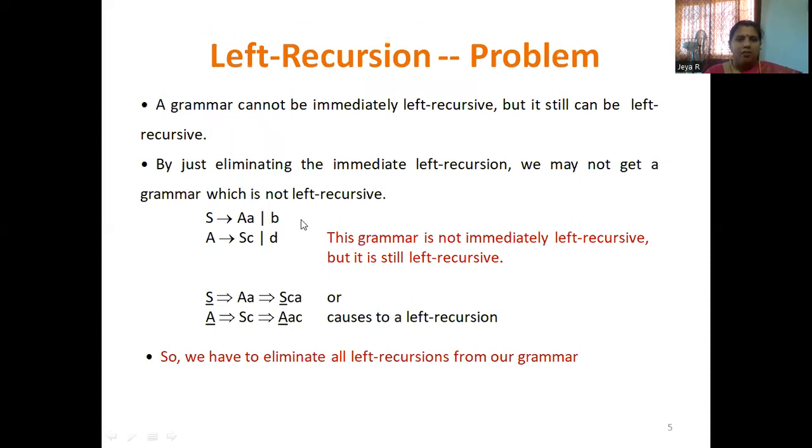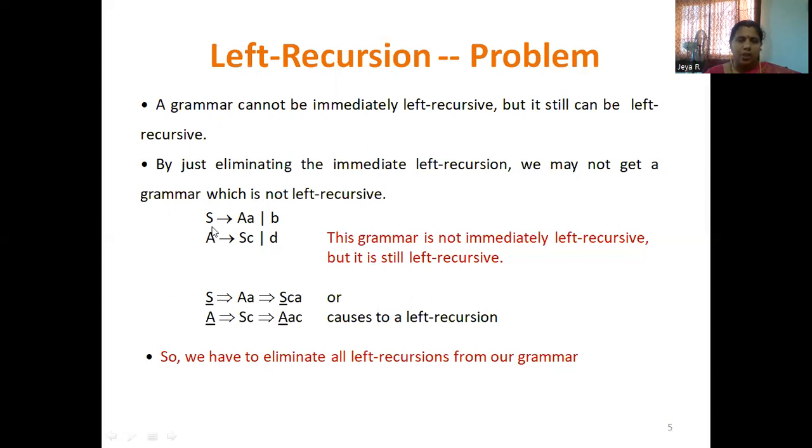What are the other problems that may occur with left recursion? If the grammar is not immediately left recursive, but it is still a left recursive grammar, how can you say that the grammar is not an immediate left recursion?